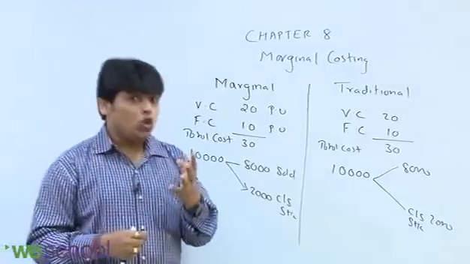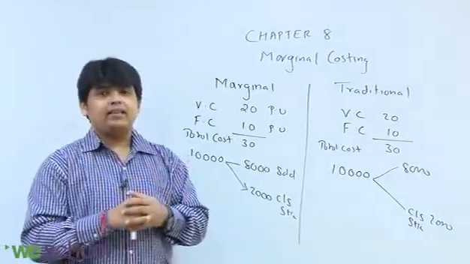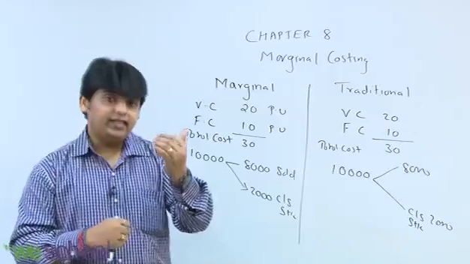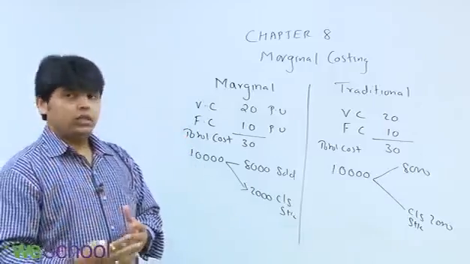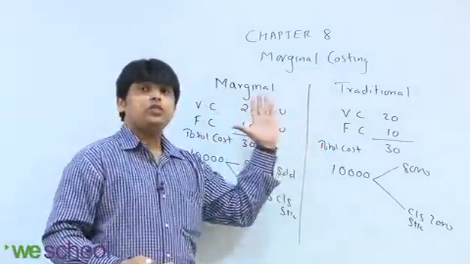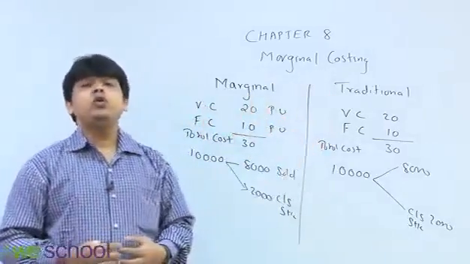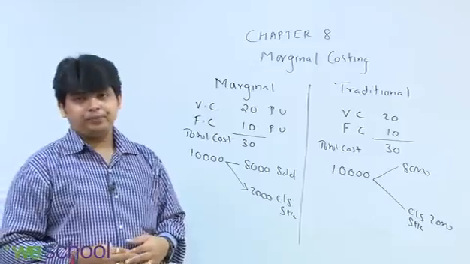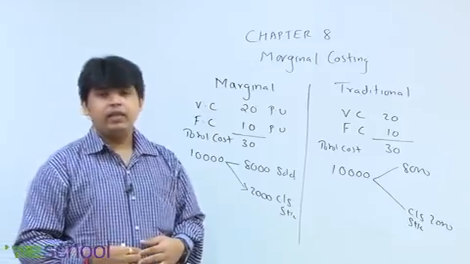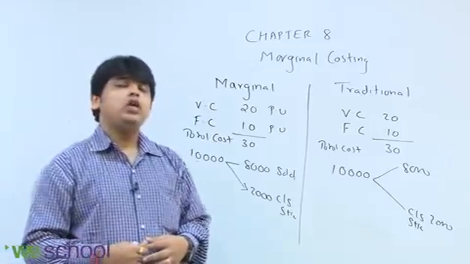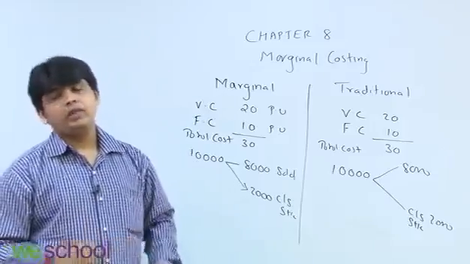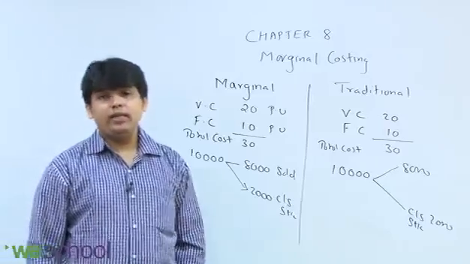If units sold is less than the units produced, which method will give you more profit? Can anyone tell me which method will give me more profit?